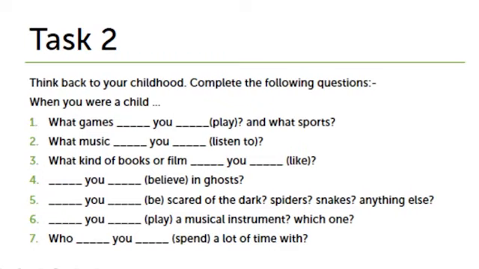Which one? And number 7, who you spent a lot of time with. Take some time to complete the questions now, please. If you haven't finished, pause the recording. If not, here come the answers.